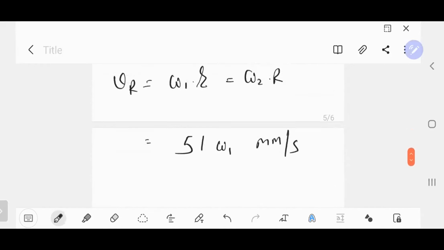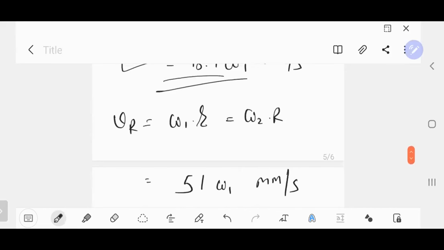But here we are using that equation again: VR is equal to omega 1 into R is equal to omega 2 into R. Both are equal. R is the radius, 51. So VR is equal to 51 into omega 1.